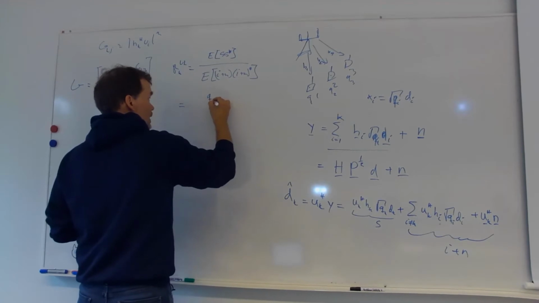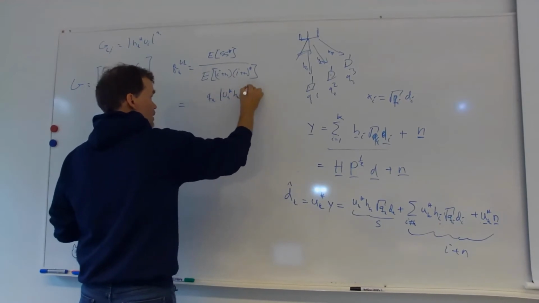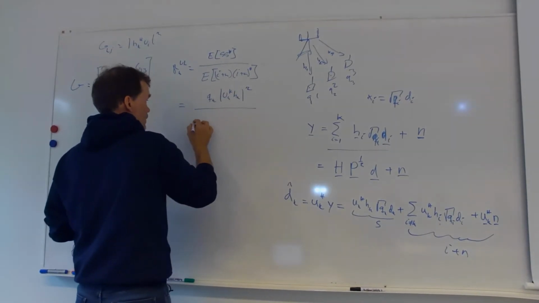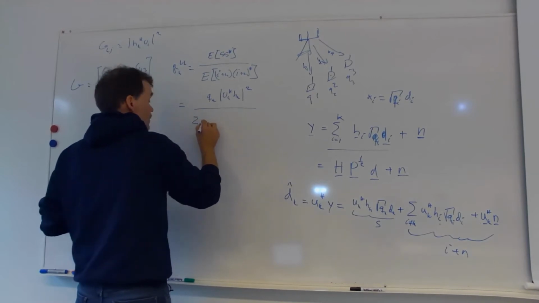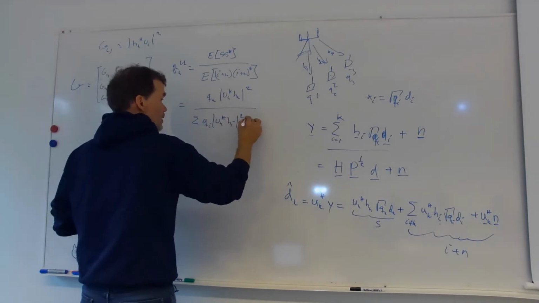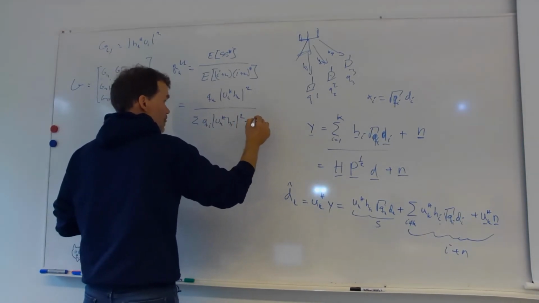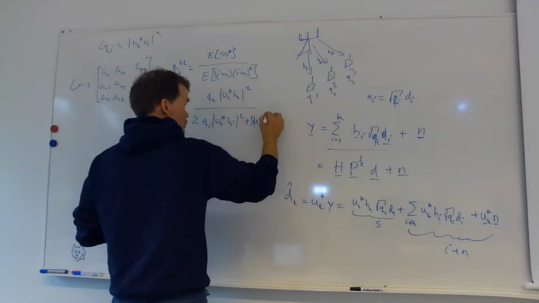So we have QK times UK Hermitian HK squared over the sum over i not equal to K of Qi UK Hermitian Hi squared plus the norm of UK squared times the noise power.